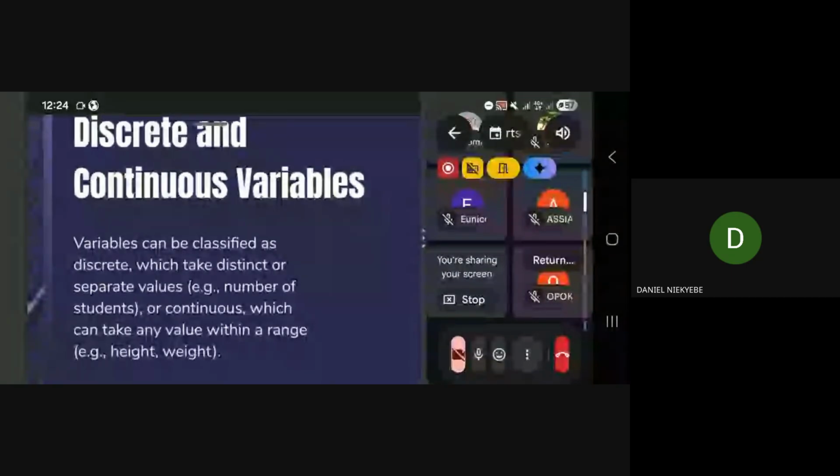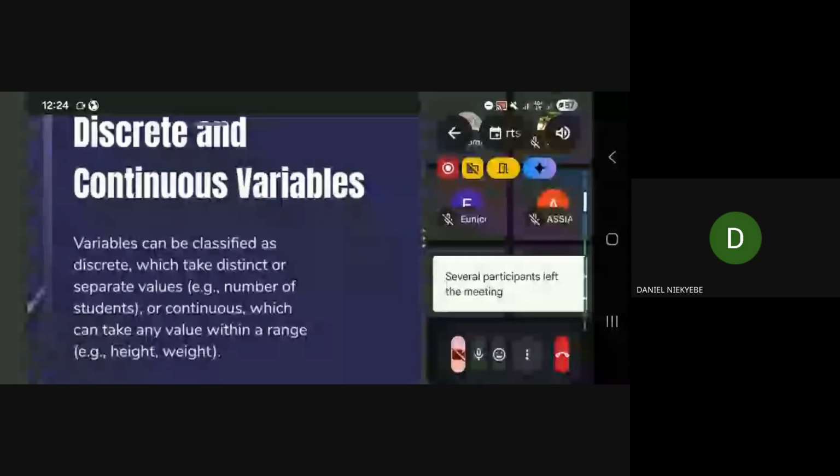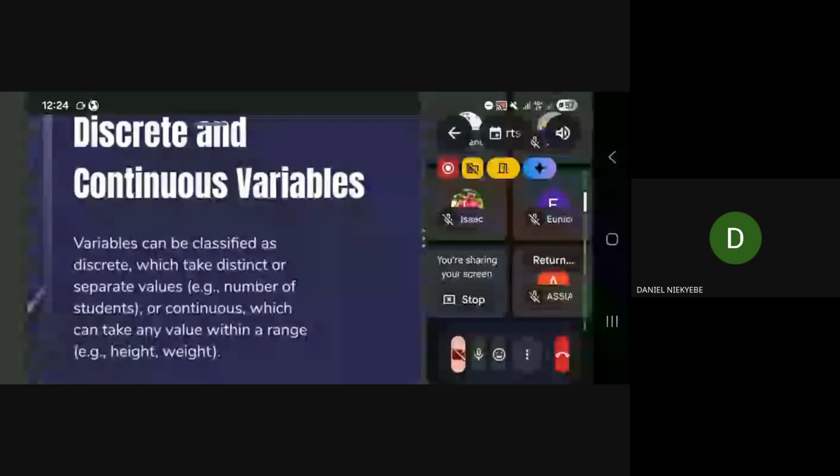But with the continuous variables, it takes points and they are always measured. So the height of a person, let's say 5.2 meters. Temperature, taking temperature 37 point something. I think that's the difference that I'll make, madam.